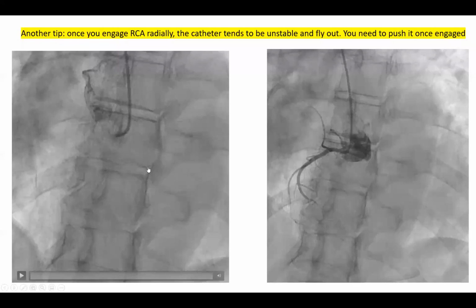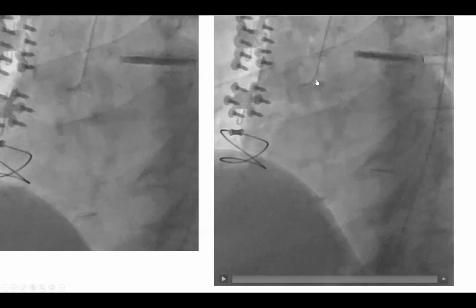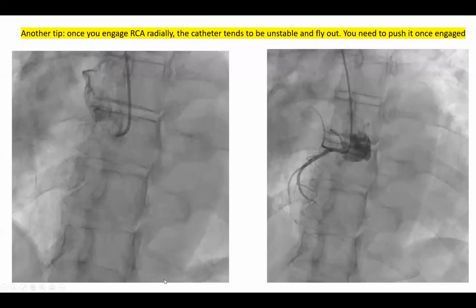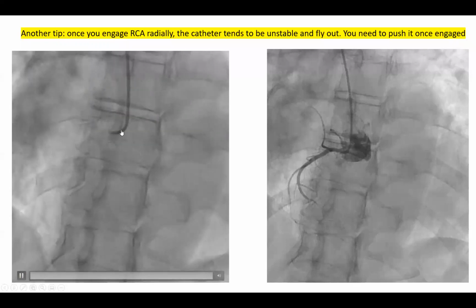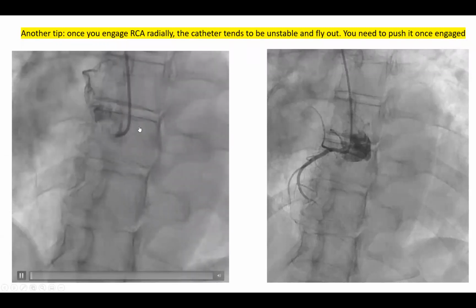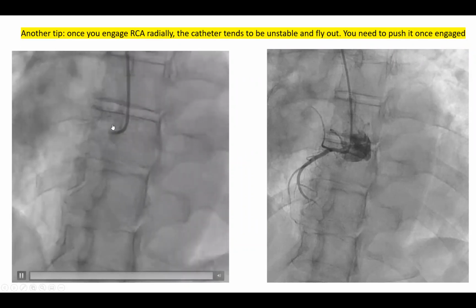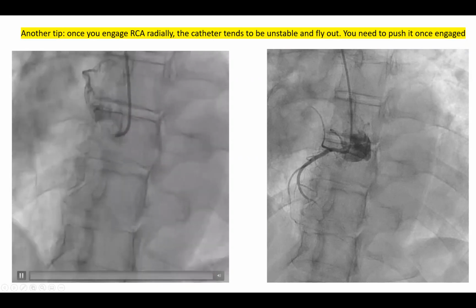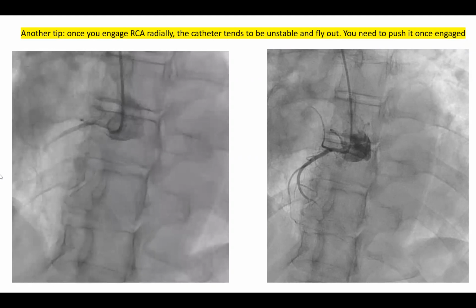Another idea is once you've got in, and let's say you are somewhat coaxial, one thing that applies particularly to radial is that the catheter tends to be very unstable, meaning you get in, but the catheter will tend to fly out, especially with your injection. So once you get in, you have to push the catheter. If you're not coaxial, clock it. If you're coaxial, just push it so you get more stable engagement, particularly with the Judkins right.